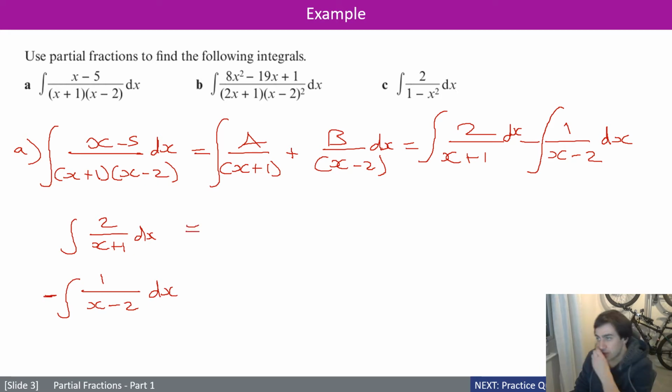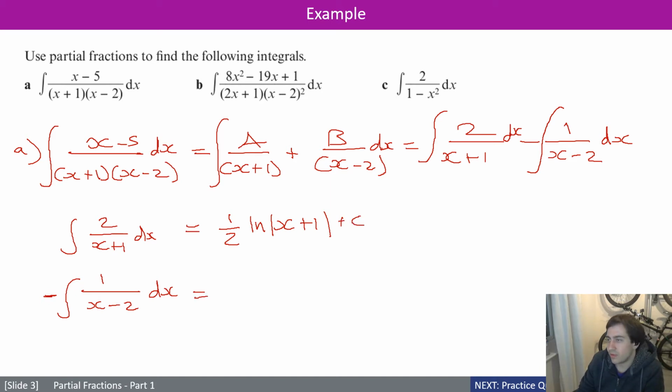So in the first case, we're going to use the derivative of the bottom equals the top rule, as I call it. The derivative of the bottom, x plus 1, is just 1, but I've got a 2 on the top, so we're going to halve, and I get this. Plus c, I suppose. And for here, the derivative of the bottom is 1, which is the same as the top straight away, so we get ln of x minus 2, but with a minus. And again, I suppose we can put plus c.